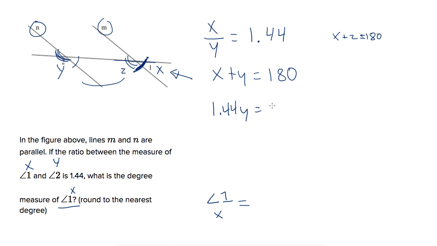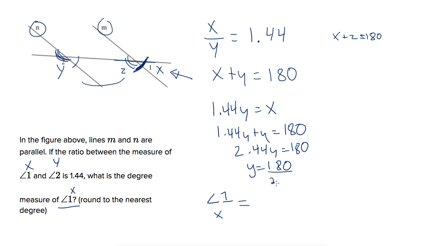1.44y equals X, and now I'm going to substitute that in. 1.44y plus y equals 180, which is 2.44y equals 180. If I then solve that, I get that y equals 180 over 2.44.